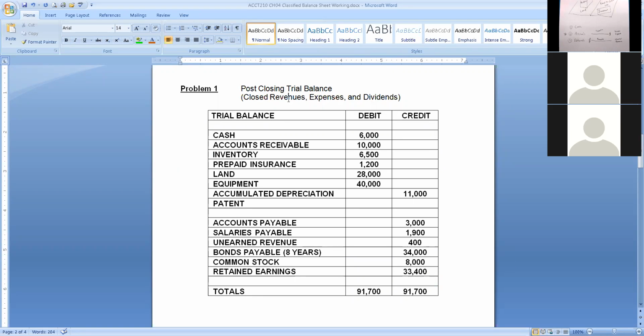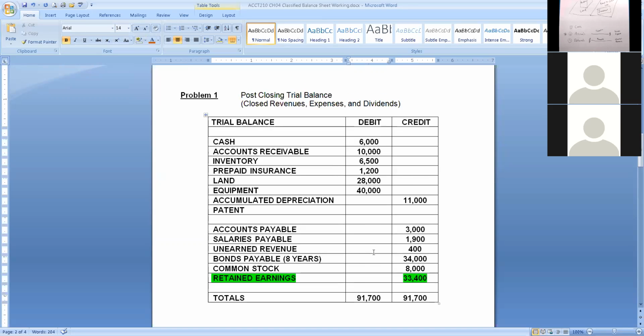They all get closed into retained earnings, just like we do on the financial statements. Then we start anew, with our first revenues and our first expenses, and we'll start recording.